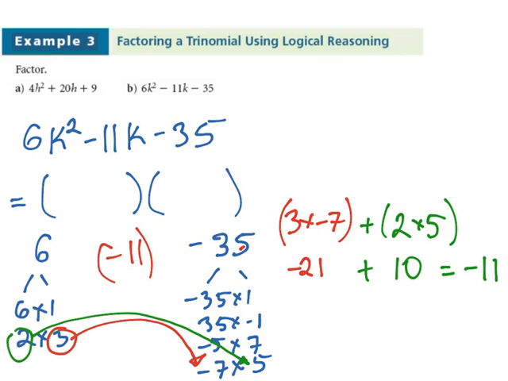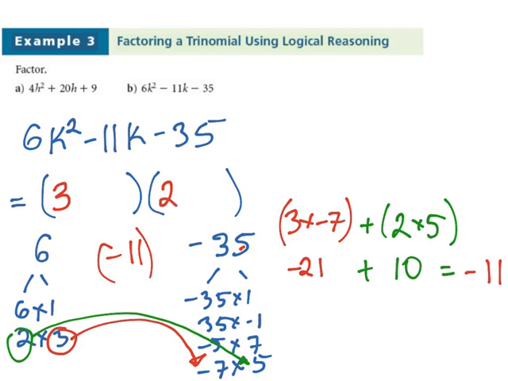So this is what we're looking for. And I'm just going to make sure the colors are the same. Negative 11. So how do we put this into our factors? So again, we start with the 3 and the 2. So 3, and it's always opposite to the 2 because they're factors of 6.